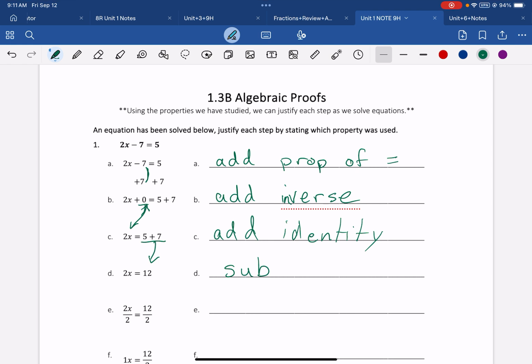Depending on who you're working with, what teacher you're working with, what program you're working with, look for something that talks about how just adding things together and solving, or maybe it's called simplifying. Some people call it simplifying.